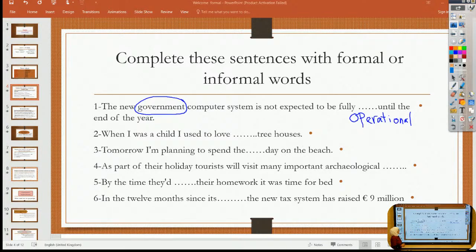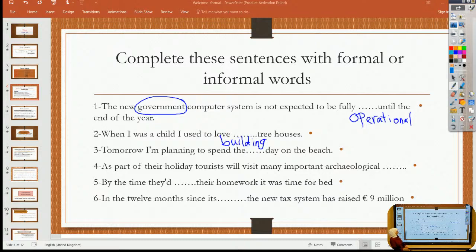Number 2, when I was a child, here I'm talking about myself. So here, not formal. When I was a child, I used to love building tree houses. Tomorrow, I'm planning to spend, here also I'm talking about myself.